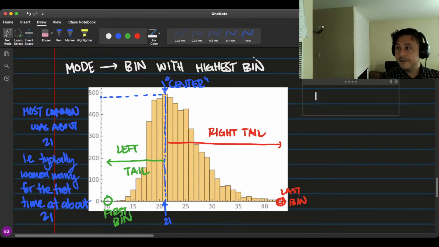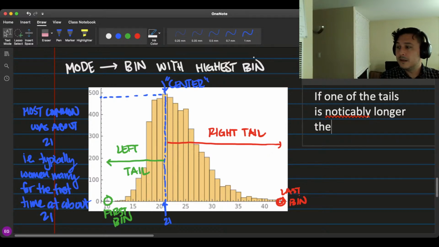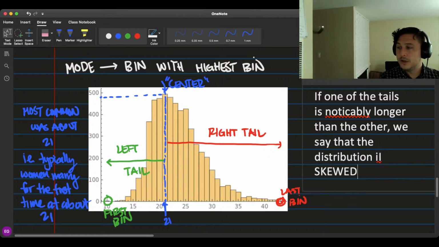If one of the tails is longer, and we'll talk about how much longer it needs to be later, let's say noticeably longer than the other, we say that the distribution is skewed.